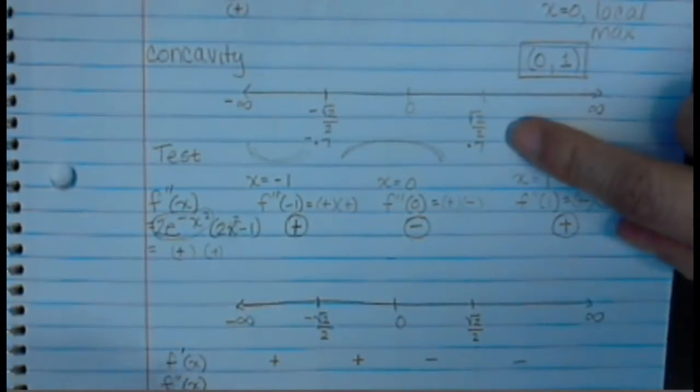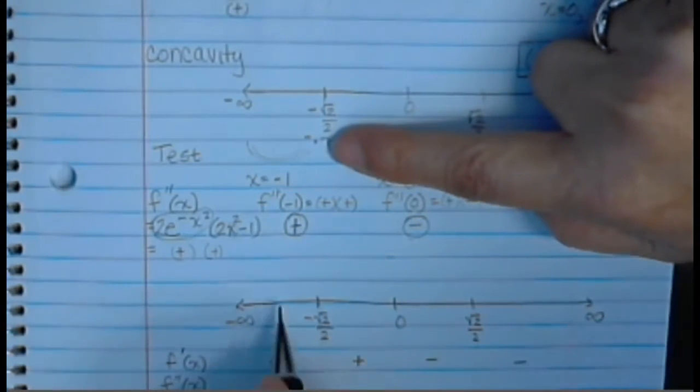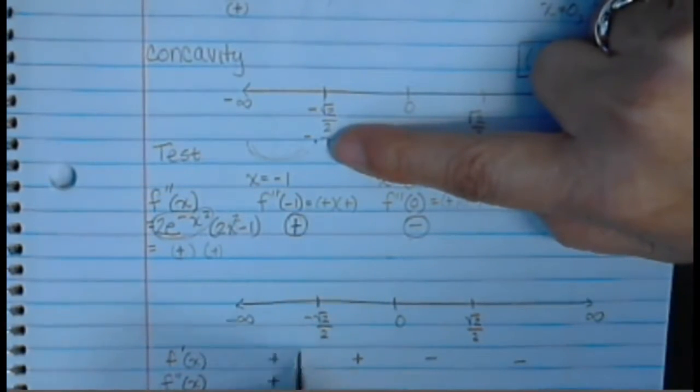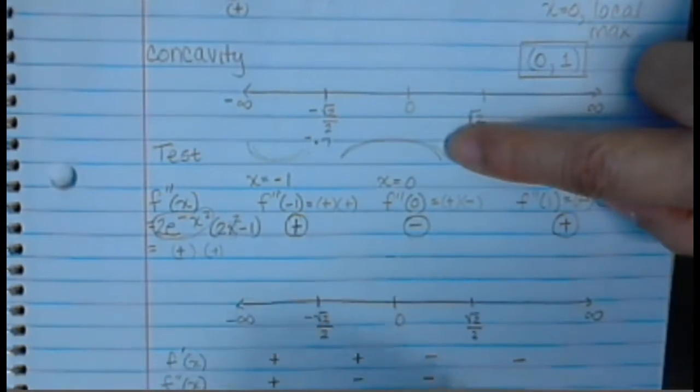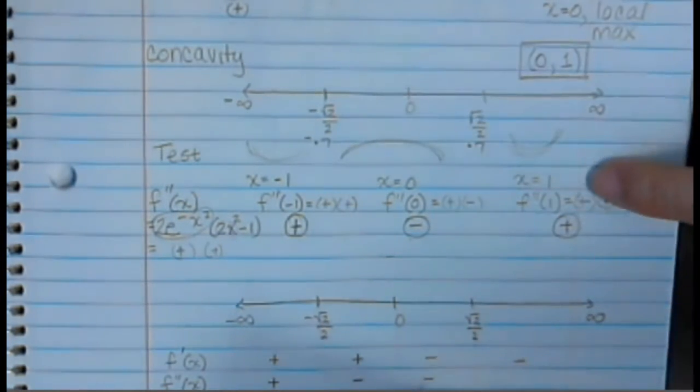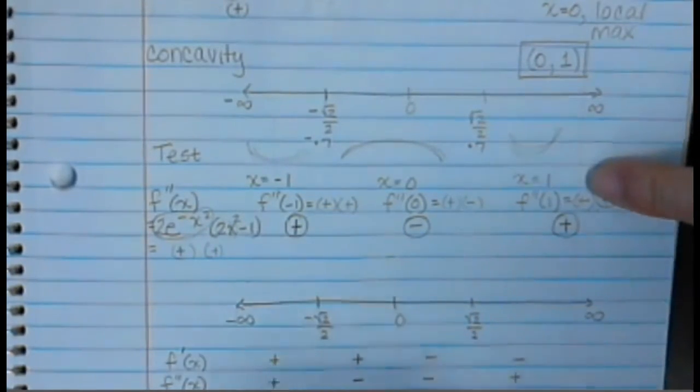If we look at f double prime of x, we're looking at the second one. We found that it's positive in this interval. We found that it's negative here for this interval, and then we found that it was positive in this interval.